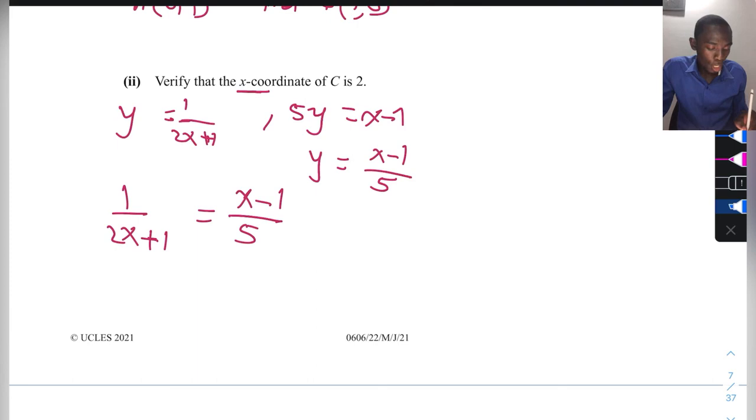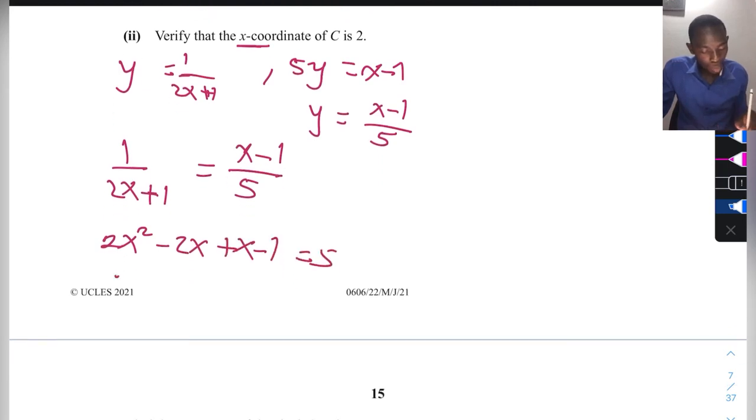When you solve, you're going to have 2x squared minus 2x plus x minus 1 is equal to 5. And then that will give you 2x squared minus x minus 6 is equal to 0, right?